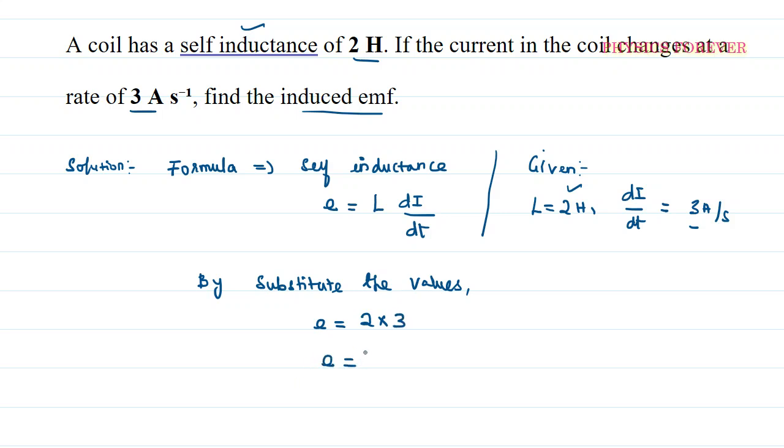Then E is equal to 6 volt. So this is a simple problem. We need to know the formula, only then can we solve it, so concentrate on equations and formulas.